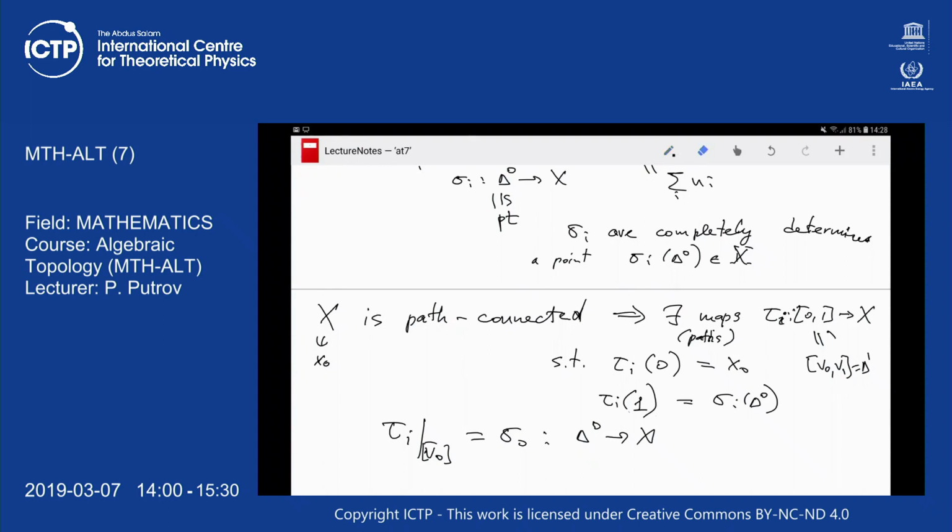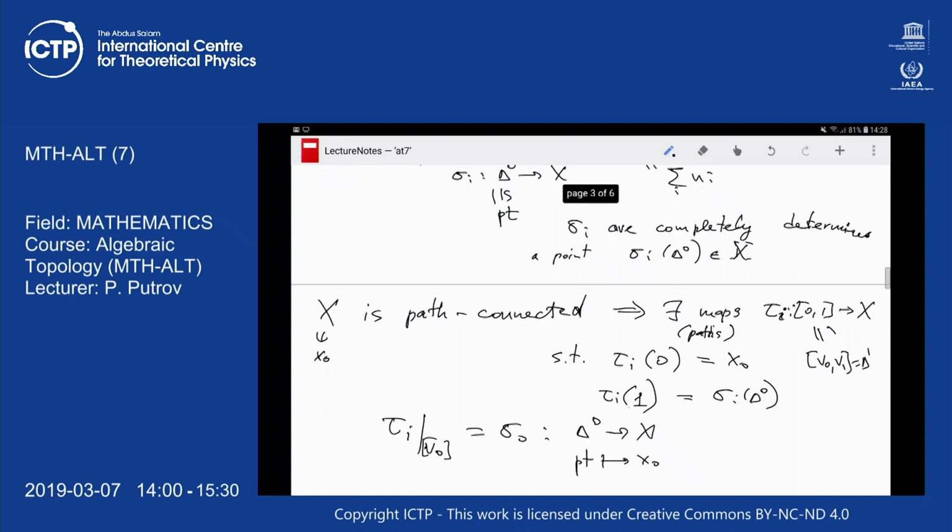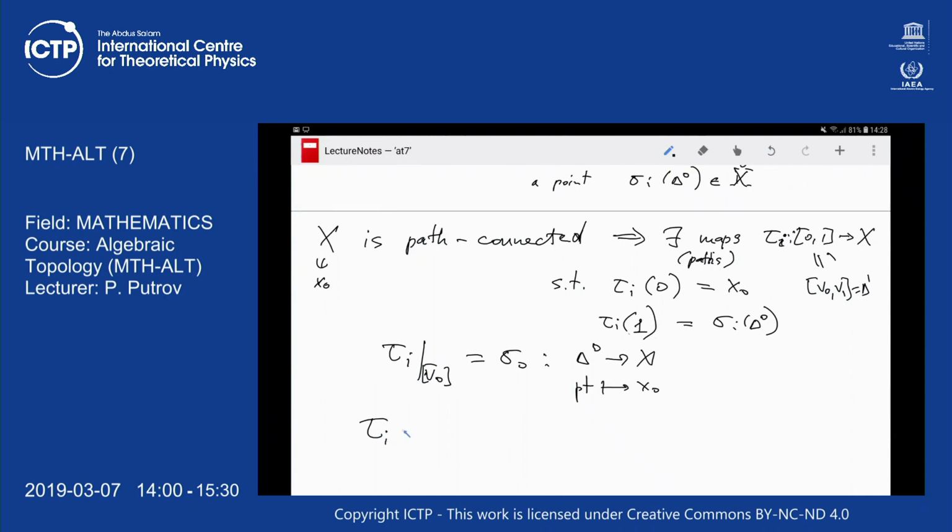So this is just a point. The point here is mapped to X0, and the restriction of Ti to V1 is sigma i. So this is just a reformulation of the condition that the beginning of the path is X0 and the end of the path is the image of delta 0, which is a point under the action of sigma i.